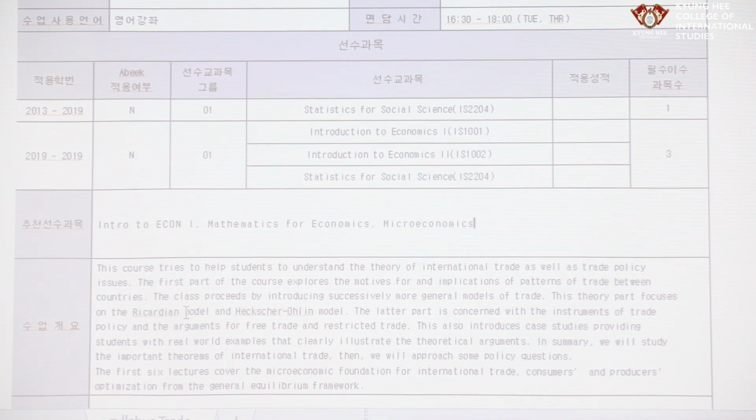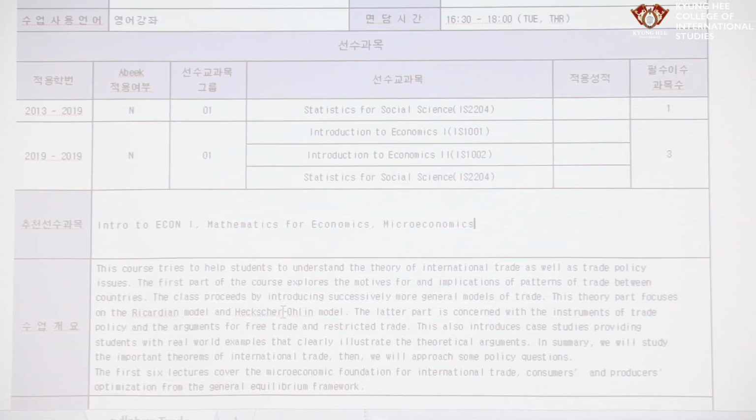Because of differences in productivity, two countries trade with each other and consumption and production increase in both countries. Both countries are winners. And in the Heckscher-Ohlin model, the motivation of trade between two countries is differences in factor abundance. A labor abundant country or a capital abundant country, like this, right?